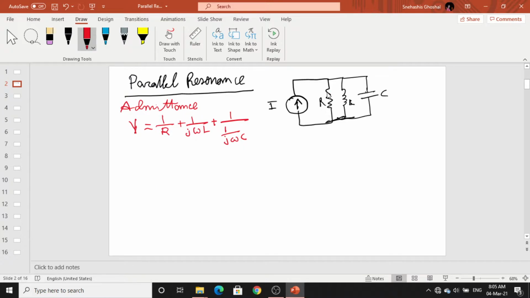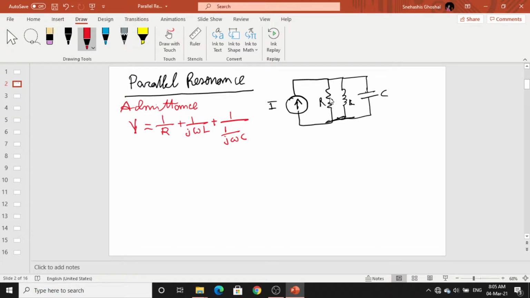The admittance of resistive branch is 1 by R. So here the equivalent admittance will be the summation of Y1 plus Y2 plus Y3. Okay, in case of admittance, the parallel circuit they are summed, just like in case of series circuit impedances or resistances are connected.